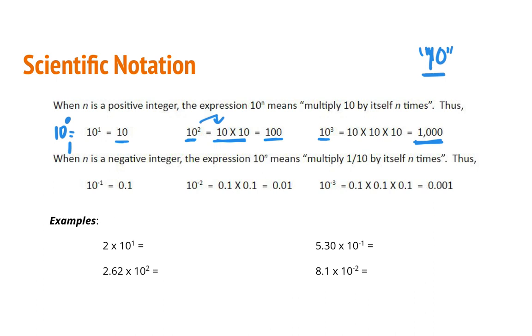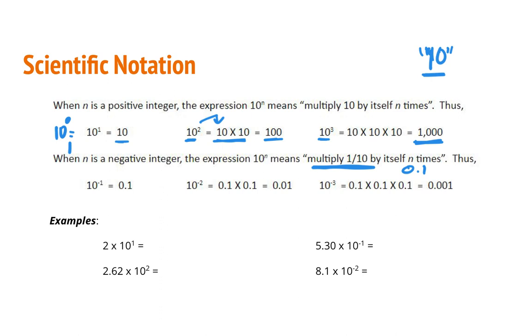So this works the same backwards, except instead of multiplying by 10, you're going to have to multiply by 1/10, or in decimal terms, 0.1.